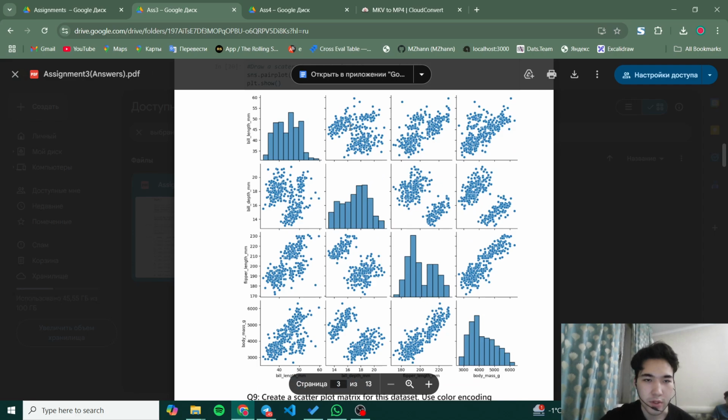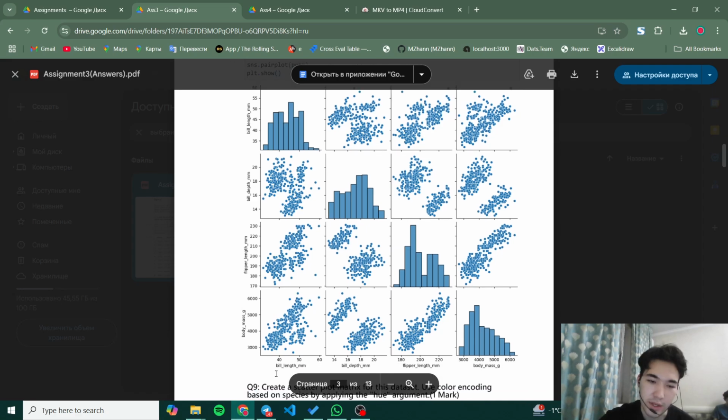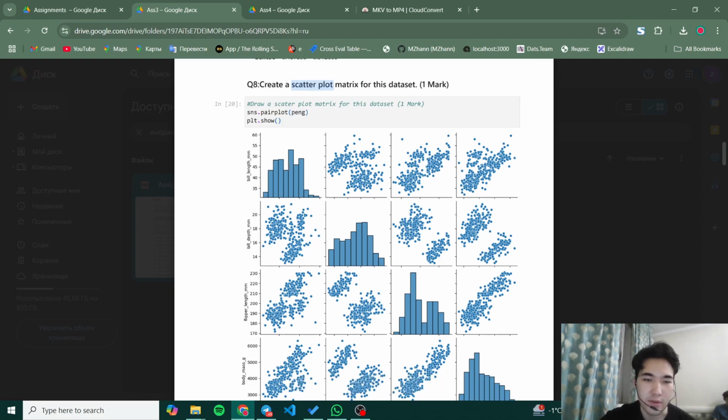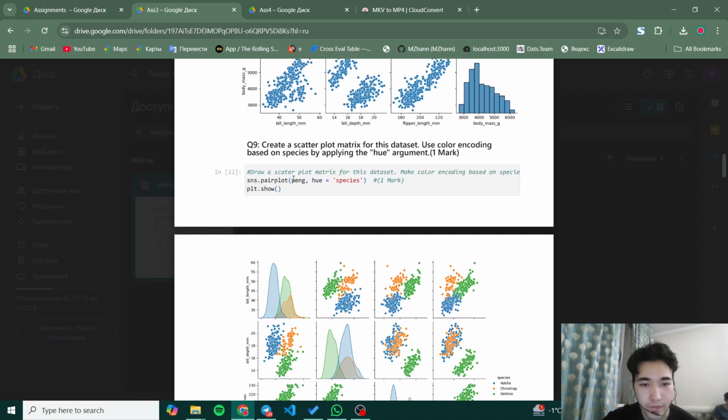If we drew a scatter for bill length mm against bill length mm itself, there would be just a line, because we're comparing it with itself. That would be useless, so to make it useful, we draw histograms which show, for example, standard deviation or normalization.